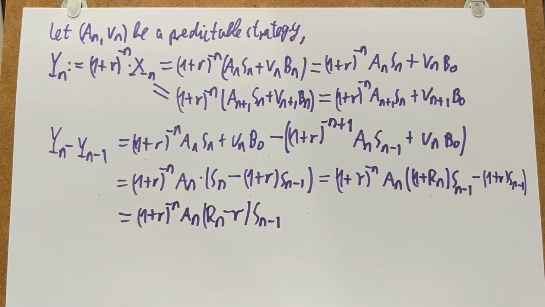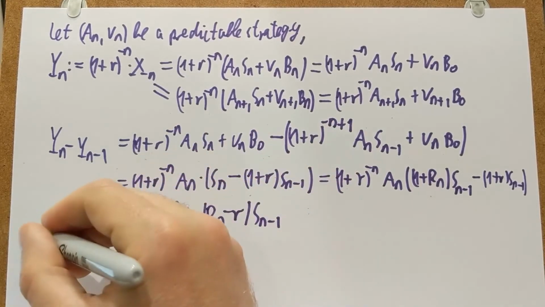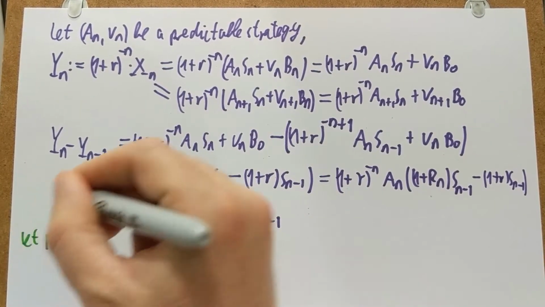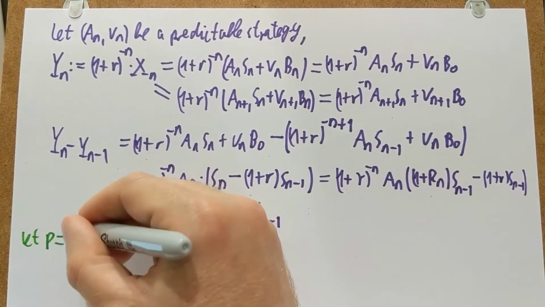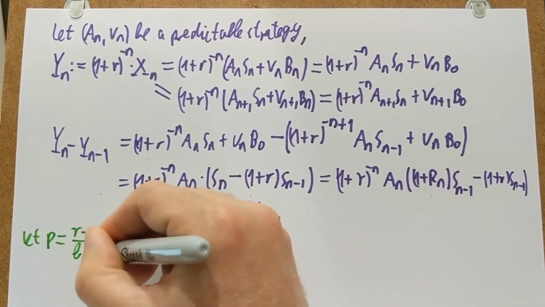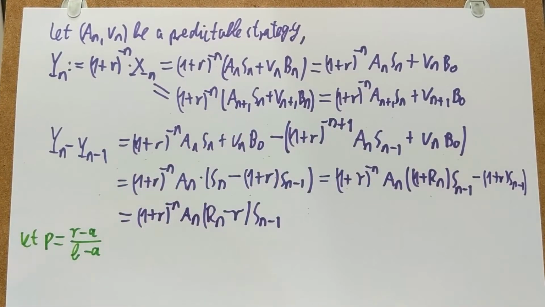And the next step is that I'm going to write in the random rate. So next I'm going to assume that P, let's fix P at R minus A over B minus A. Notice that at this moment I just have some predictable strategy.